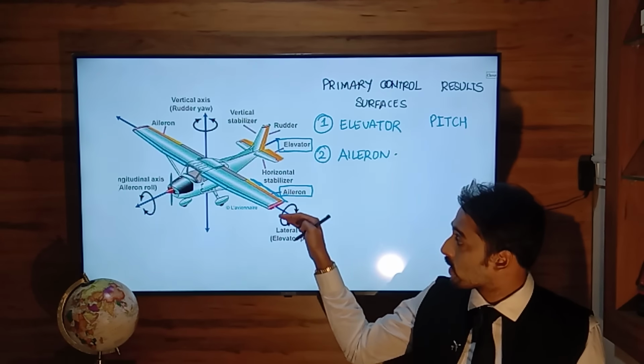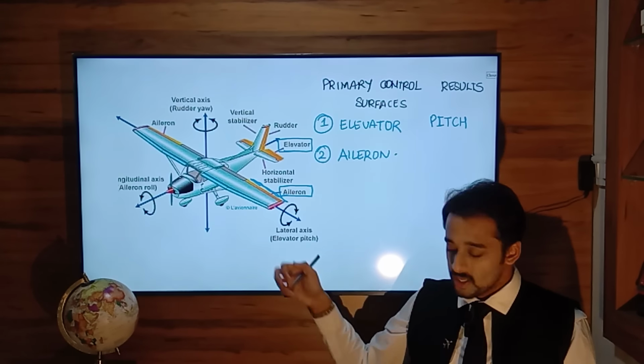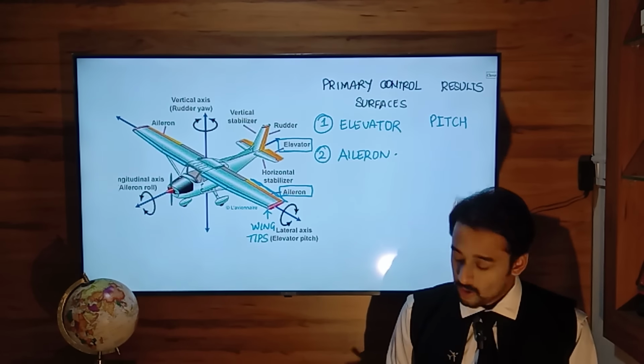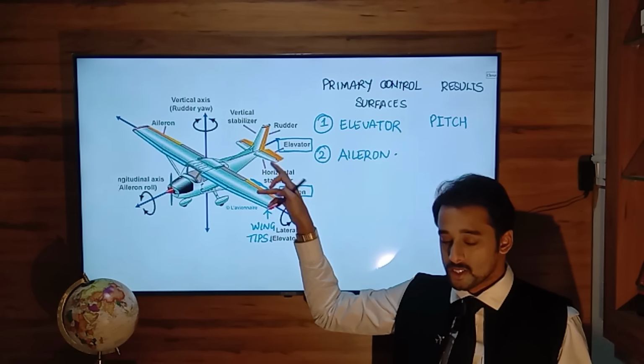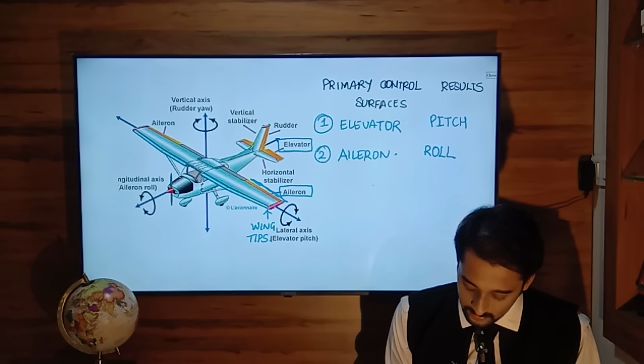You can see they are located at the trailing edge behind the wing and towards the wingtips. These are your wingtips. Both ailerons, similarly, elevators are also located on both sides. An aileron will roll your aircraft or bank your aircraft.